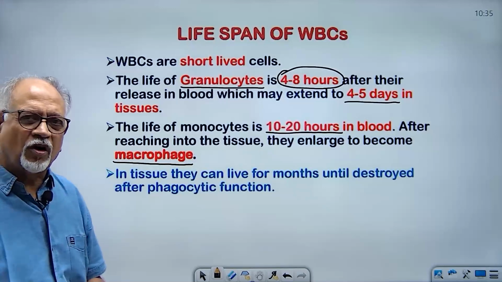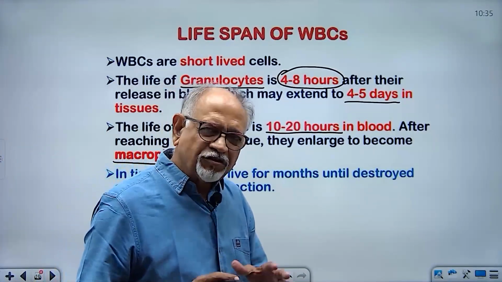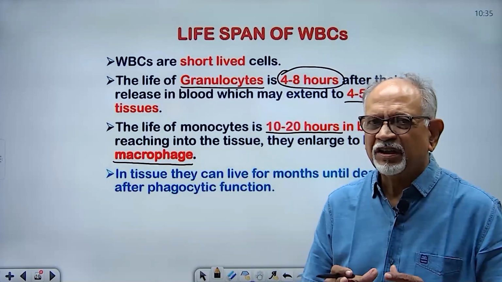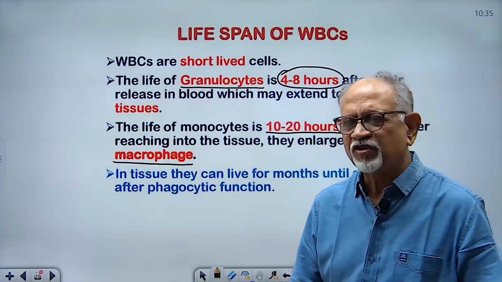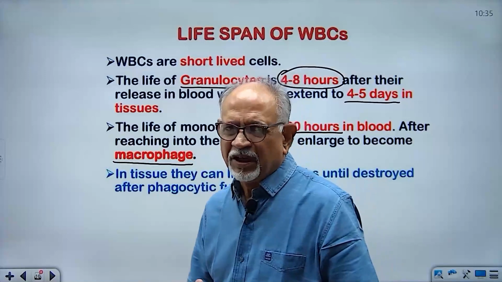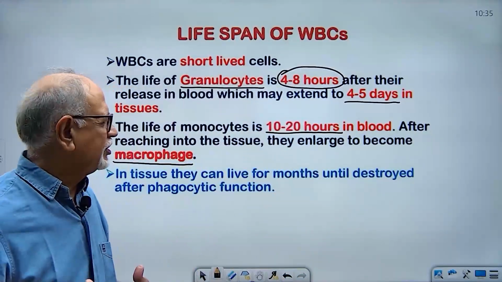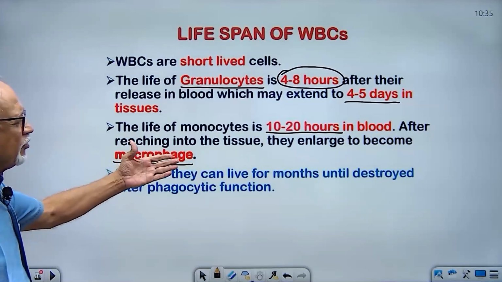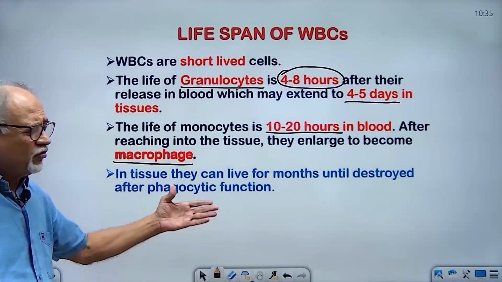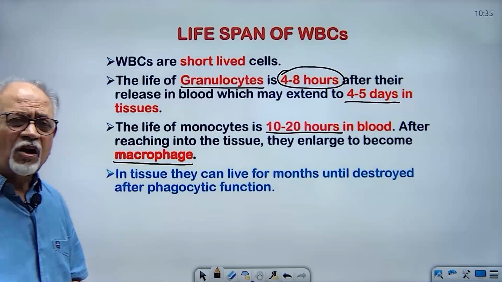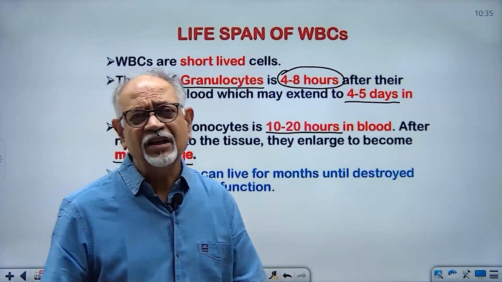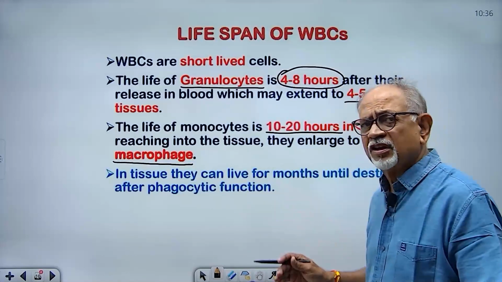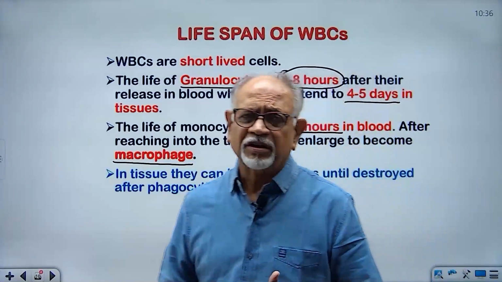Here they perform phagocytic activity to protect from different disease-causing organisms by engulfing and digesting them. In the tissue, these macrophages can live for months, even more, until they complete their phagocytic function and then they are destroyed.